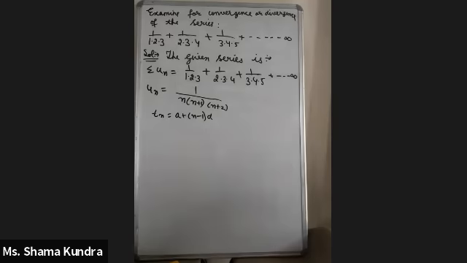Why do we take higher powers of n common? Since we have to use the test, for that we have to put the limit n approaches infinity.